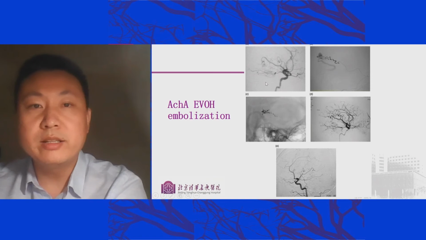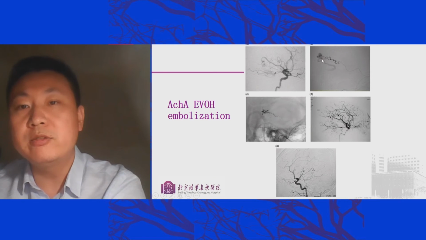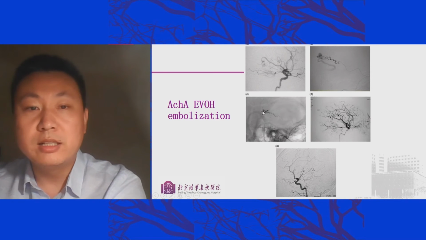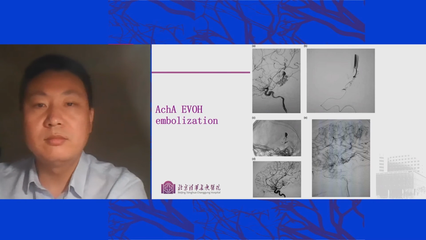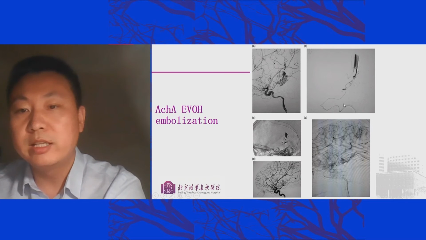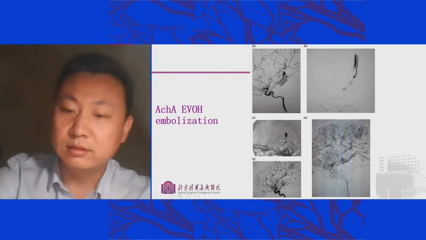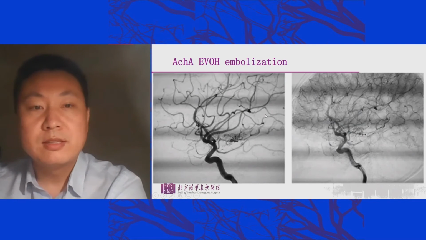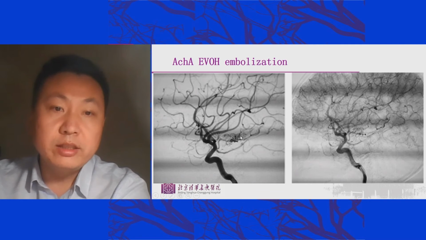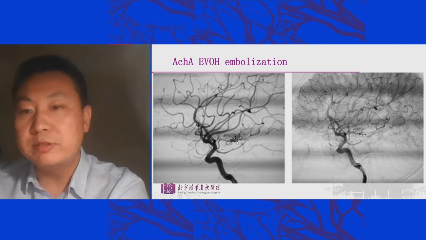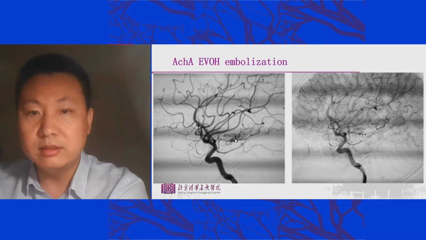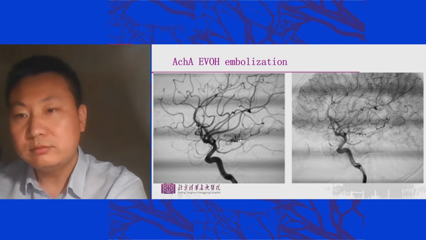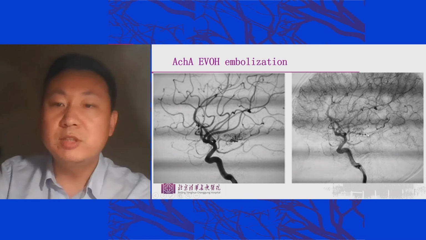Here is an AVM of the anterior choroidal artery, completely embolized with Onyx. This is another AVM of the anterior choroidal artery embolized with Onyx. This is an AVM of the anterior choroidal artery after surgical resection, and completely embolized.